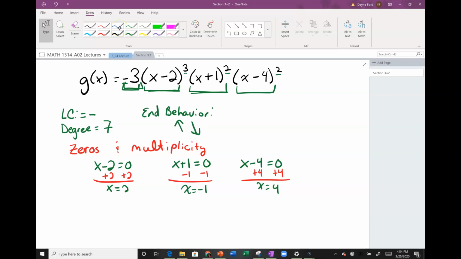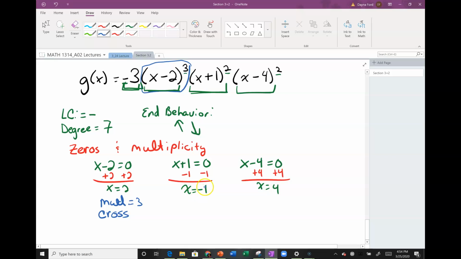So if I look at this now, I'm going to look at the multiplicity. This first one, x minus 2, came from here, and so its multiplicity is 3. If it has an odd multiplicity, think about what we learned in the last video. Is this going to touch or is this going to cross? And hopefully you remember that it will cross.